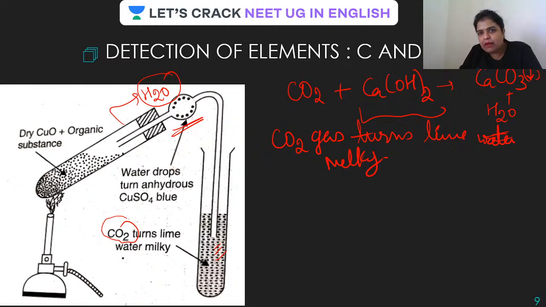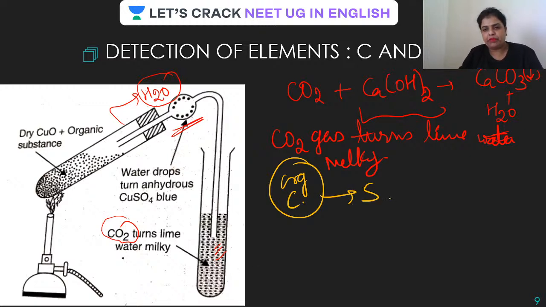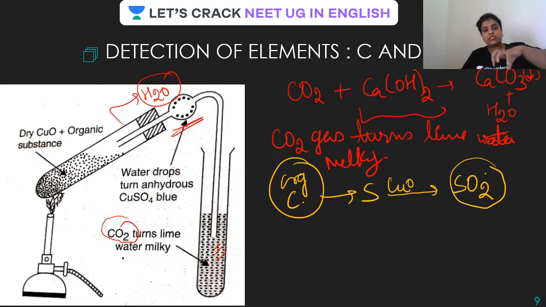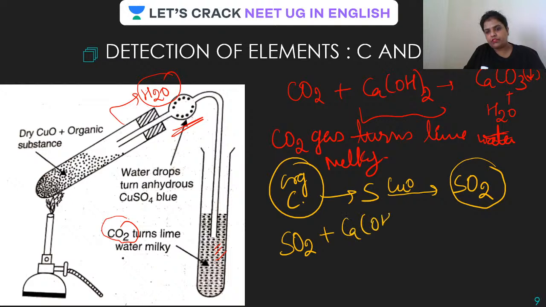See, guys, it may happen that the organic compound may have some sulfur. I'm repeating, sulfur can be present in the organic compound. In its presence, it will get oxidized to SO2. And yes, this SO2 also turns lime water milky due to the formation of what, guys?